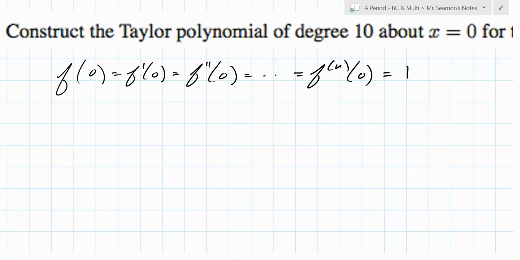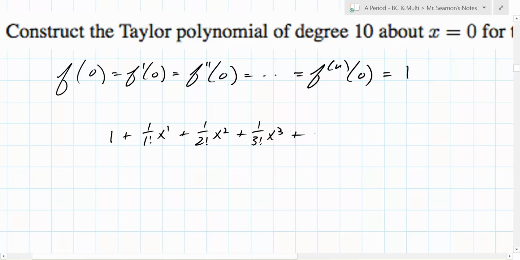What's the first term? 1 plus 1 over 1 factorial x to the 1 plus 1 over 2 factorial x to the 2 plus 1 over 3 factorial x to the 3 all the way up to 1 over n factorial x to the n. Is it written like that generally?